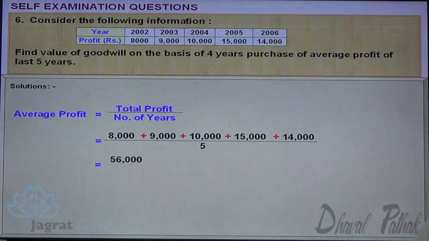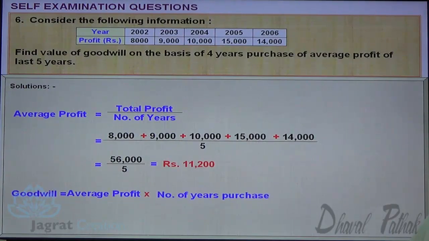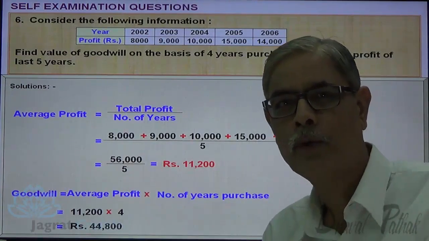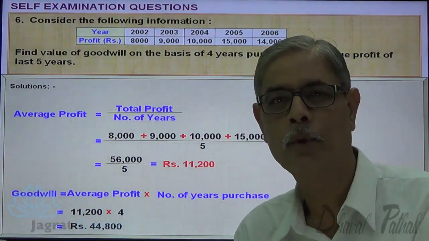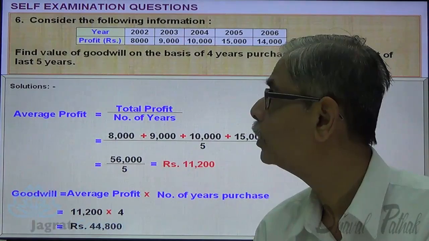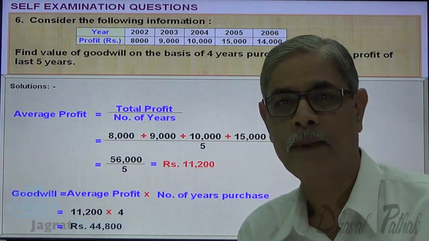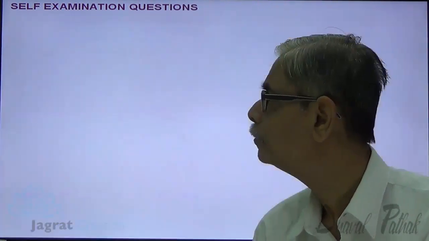Total works out to be 56,000 divided by 5. 11,200 is a simple average profit. Average profit multiplied by number of years of purchase. So 11,200 into 4 years purchase. So this is the value of goodwill. 44,800 is the value of goodwill. Now this is the explanation to question number 6. Next.